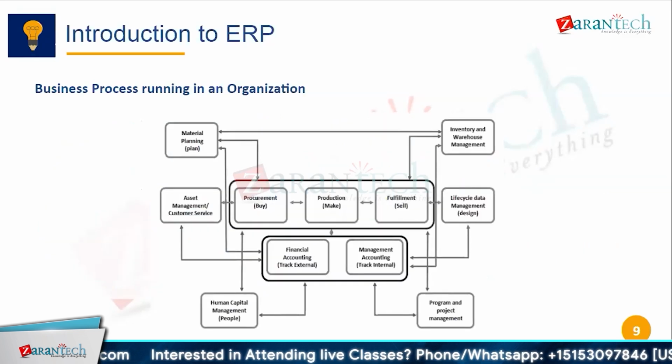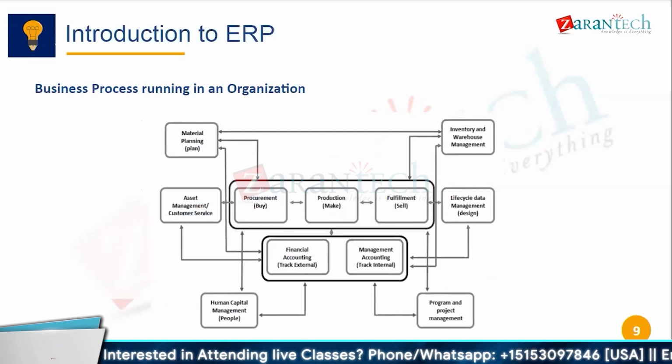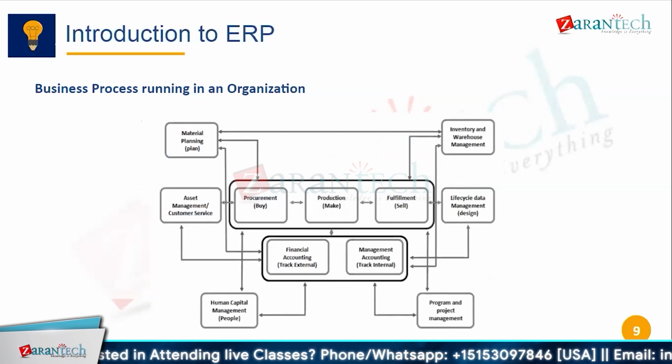So this is a generic business process which normally you will see in an organization. It keeps changing according to the business process of an organization, but in general, this is what a business process looks like. You have material planning, and that material planning is attached to your inventory.